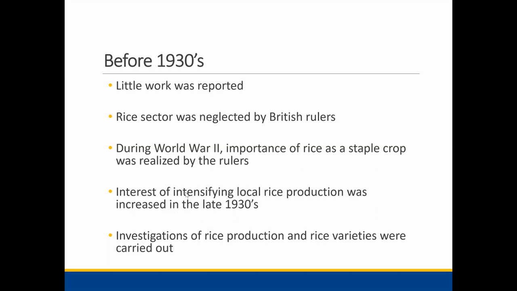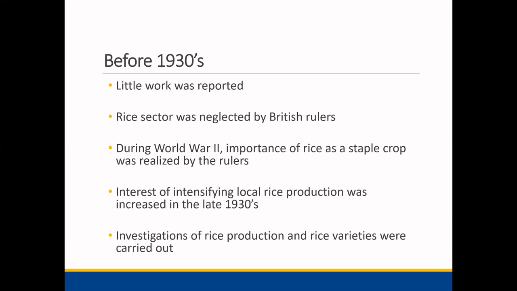In alignment with World War II and this increasing interest, history says that investigations on rice production and rice varieties were carried out by those rulers just before independence in 1948. They were working on what areas rice is produced in, what the extent is, and which varieties are good for producing yield. That was the initial step.